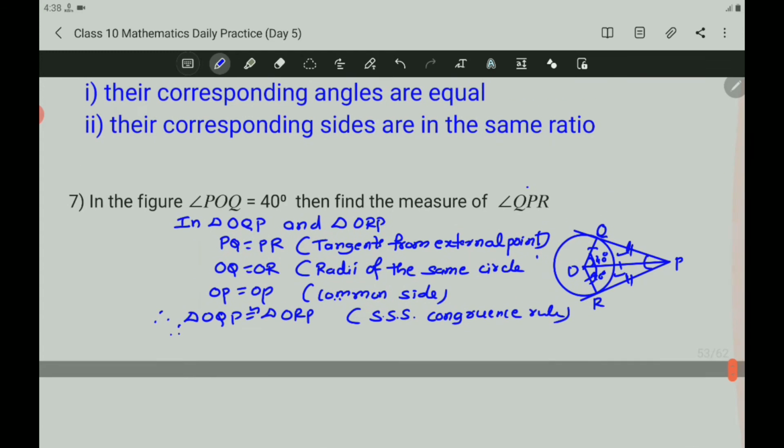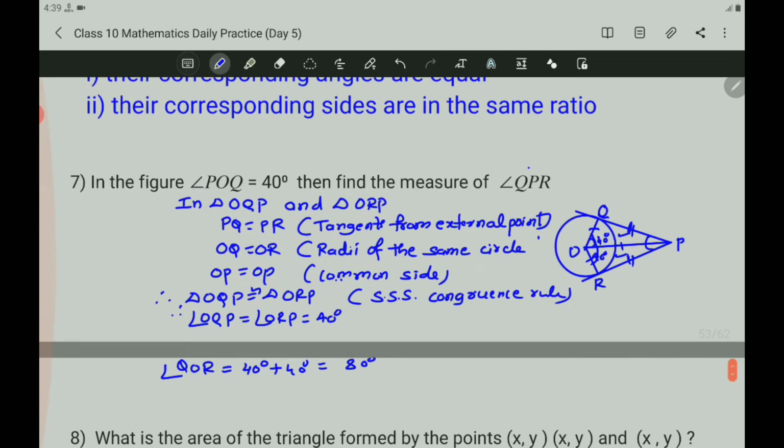Then you write here angle OQP equals angle ORP, both are equal to 40 degrees. Then angle QOR equals 40 degrees plus 40 degrees equals 80 degrees.